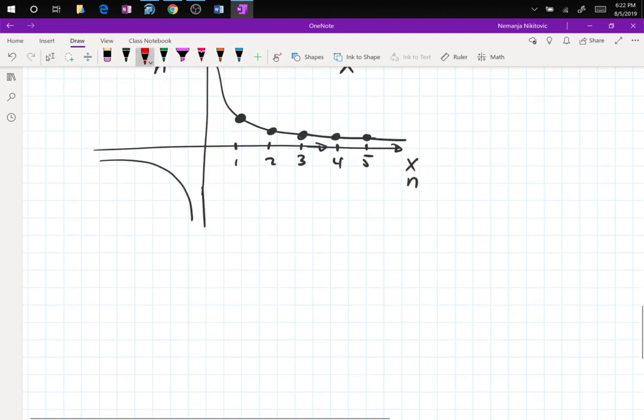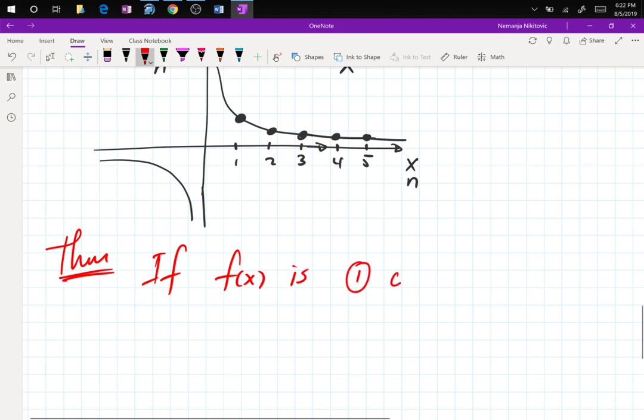So the theorem goes like this. If f of x is, number one, continuous, number two, positive, number three, decreasing.